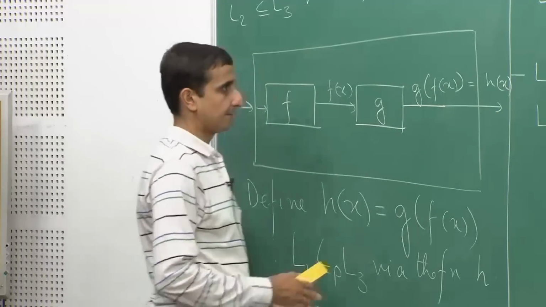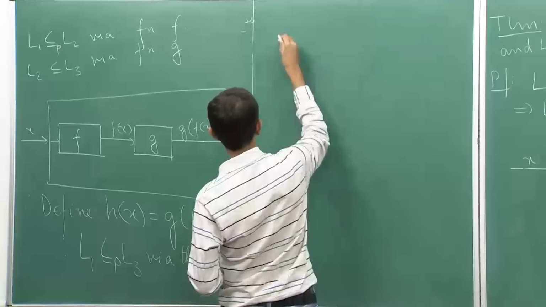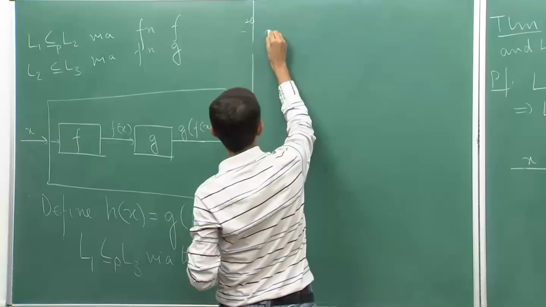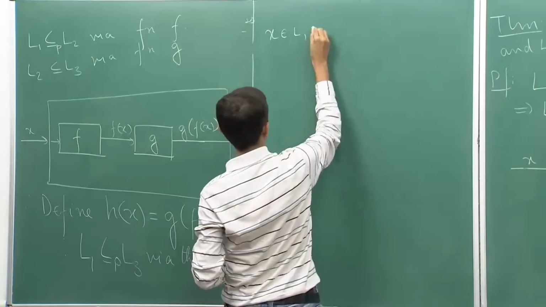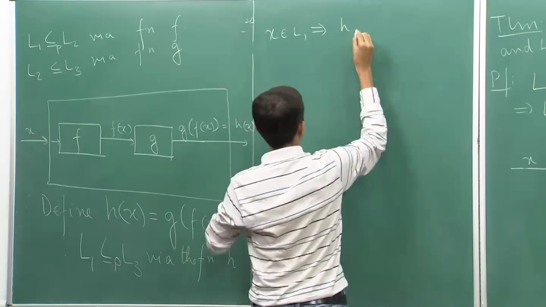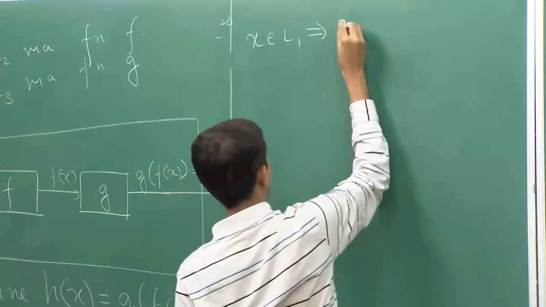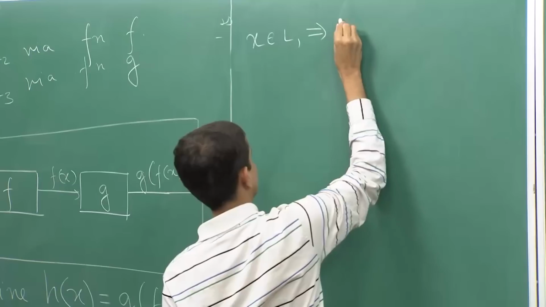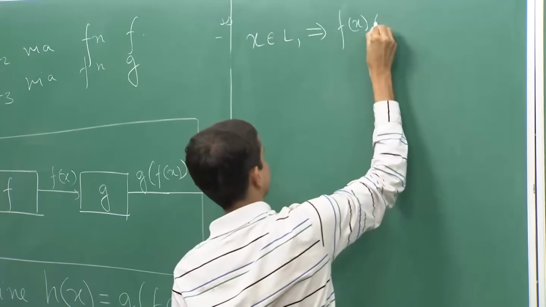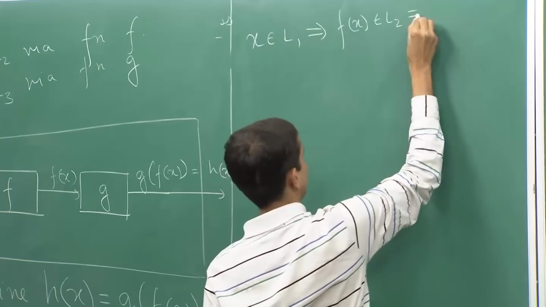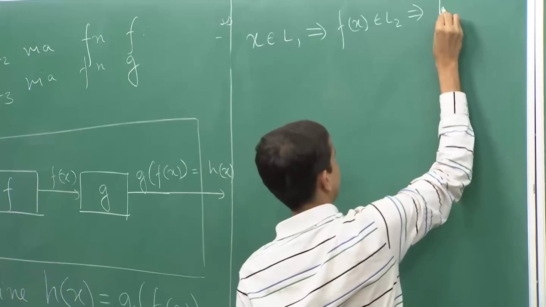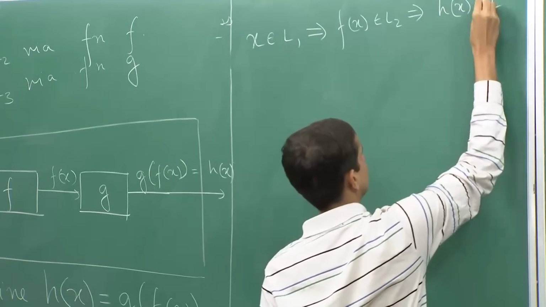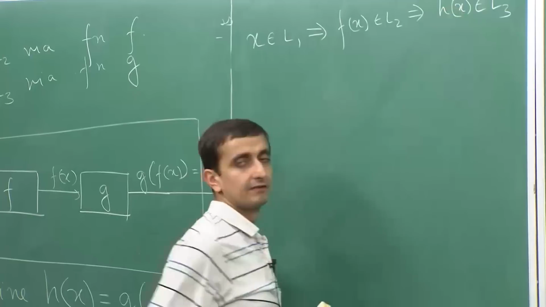So, if x belongs to L1, then f of x is in L2, which implies that h of x will be in L3.